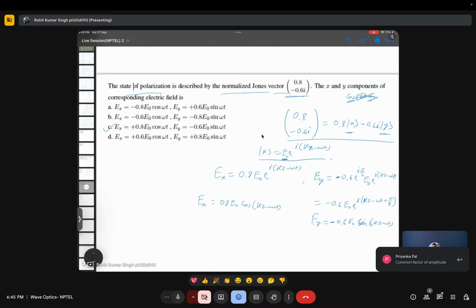Because this is a common factor, yeah, but because this is given here, this is the normalized Jones vector, okay.